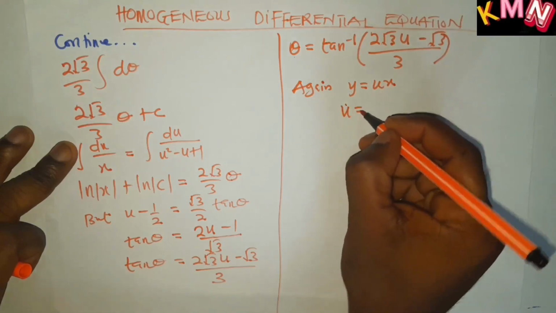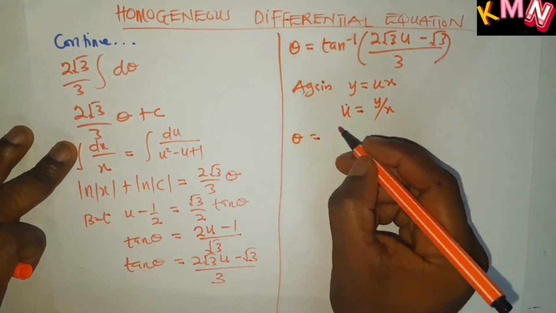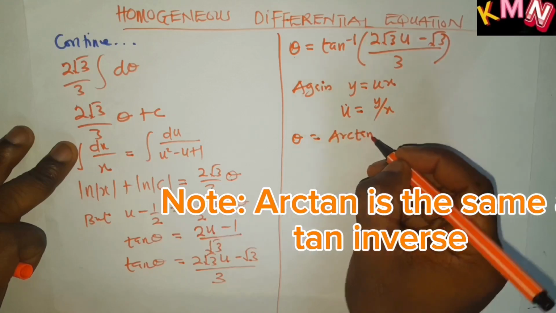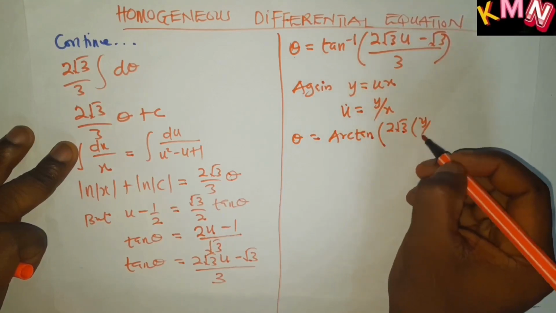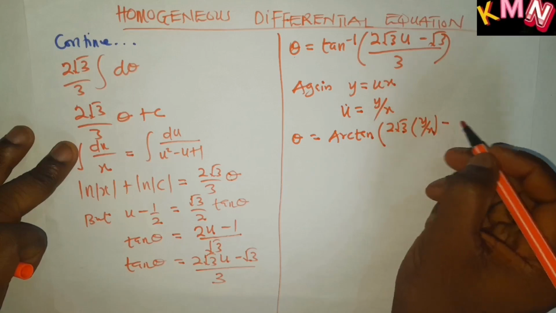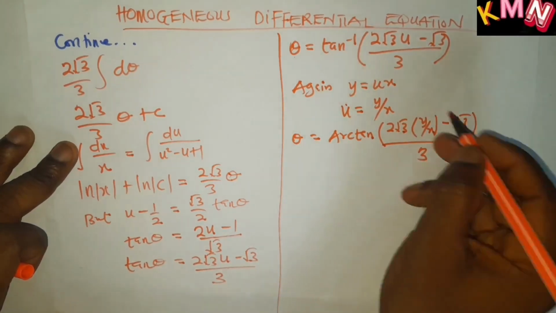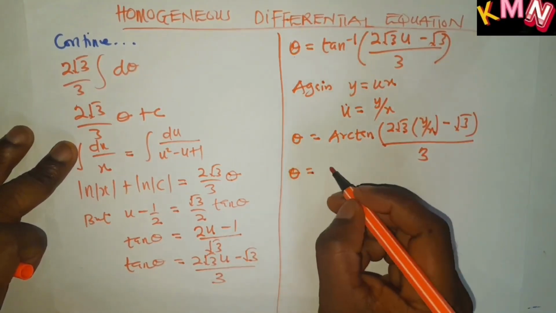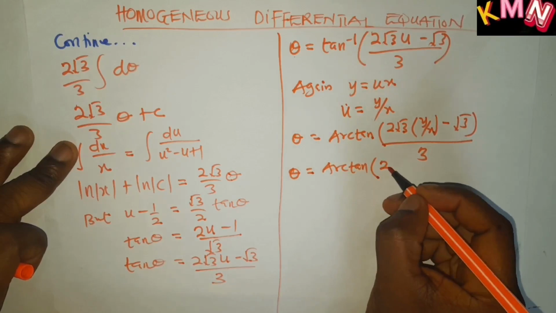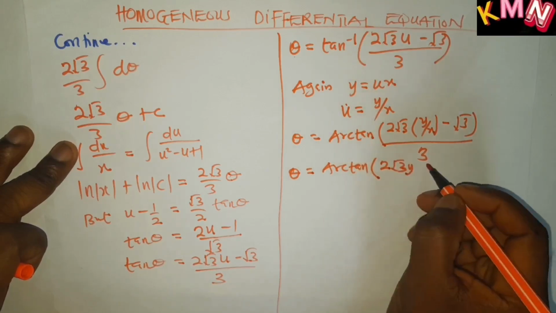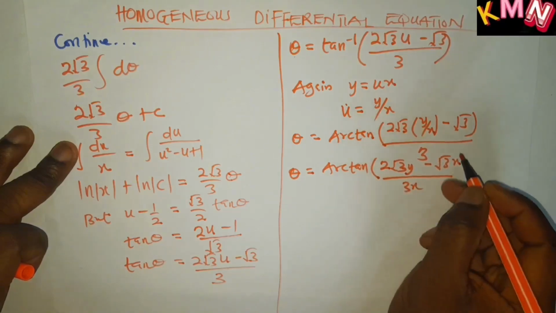We know that our u is going to be y on x, so substituting, our theta is going to be arctan of root 3 y on x minus root 3, all on 3. Then let's simplify that. Theta is going to be arctan of 2 root 3 y minus root 3 x all on 3x.